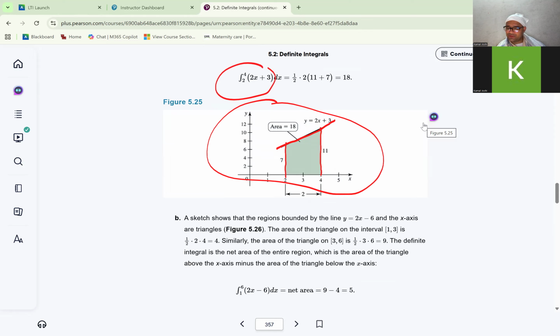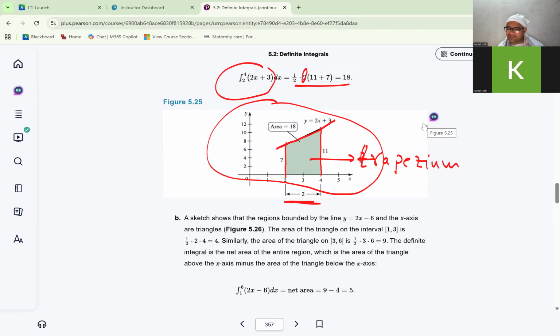Now the area of this trapezoid or trapezium represents that particular integral. Here is the formula for the area of the trapezium: half times the width, which is 2, the distance between the two parallel sides, times the sum of the lengths of the parallel sides, 11 and 7.